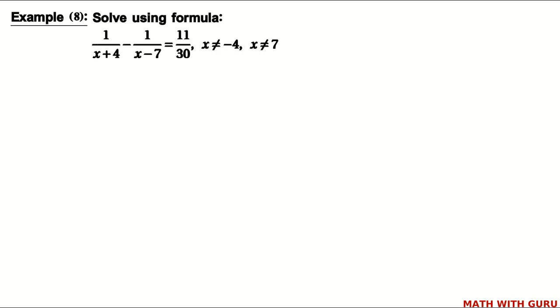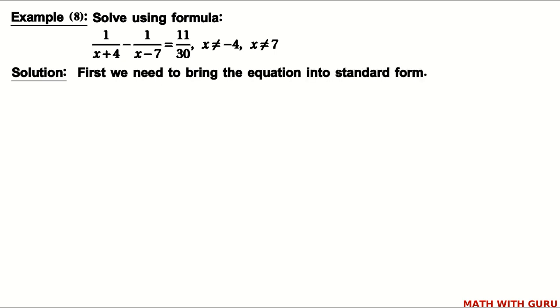Let us consider one more example. Solve using formula 1 over x plus 4 minus 1 over x minus 7 equals 11 over 30, x not equal to minus 4, x not equal to 7. We need to get rid of the denominators here. There are 3 denominators. Easy way out is to multiply the entire equation by the LCM of the denominators.